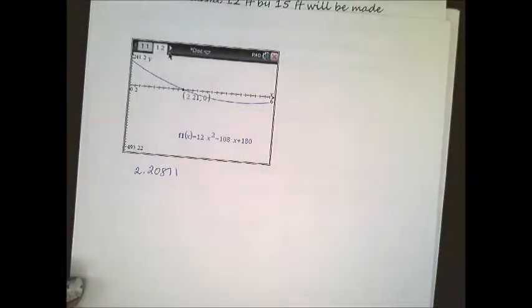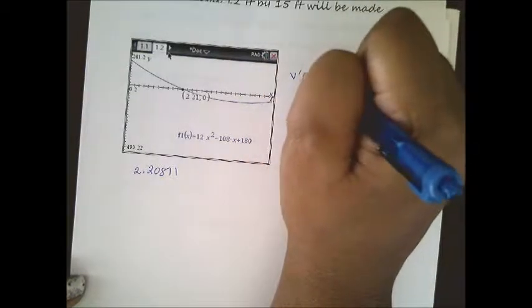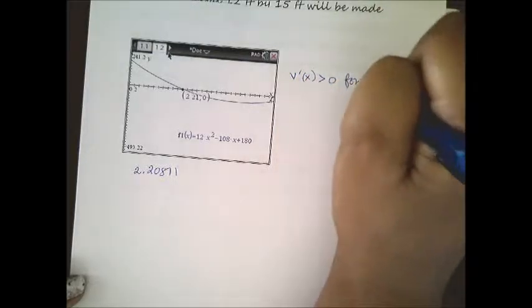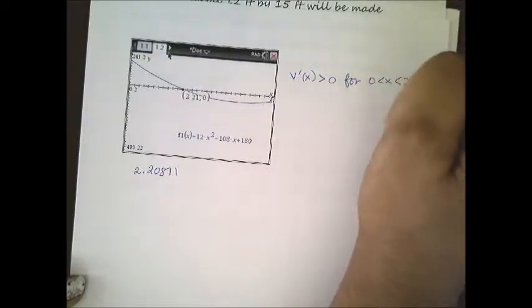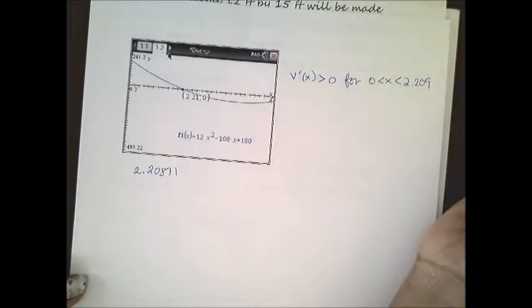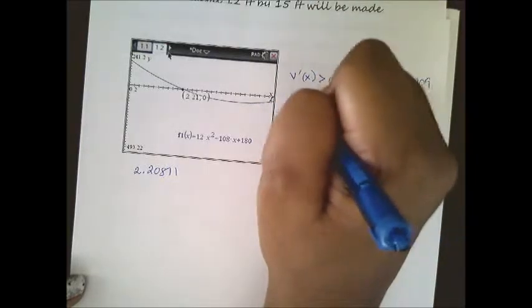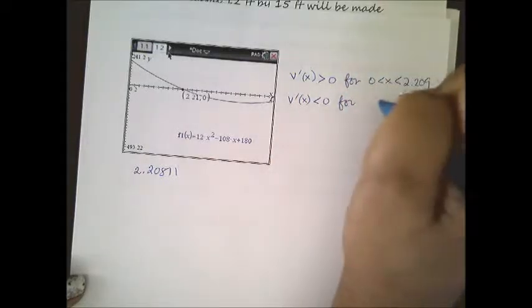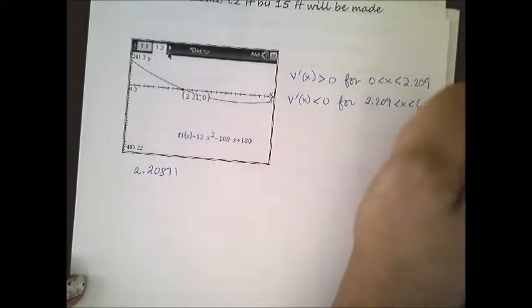So I'm just going to use this graph since I see it. V prime of x is positive for 0 to 2.209. I'm going to round it to 3 decimal places instead of 2. And V prime of x is negative for 2.209 until I get to 6.